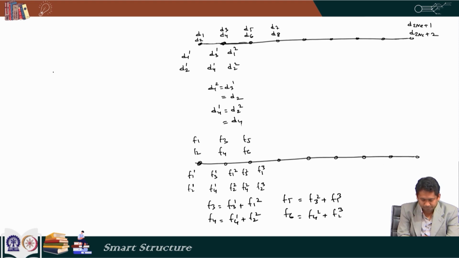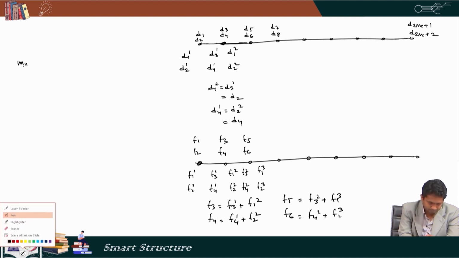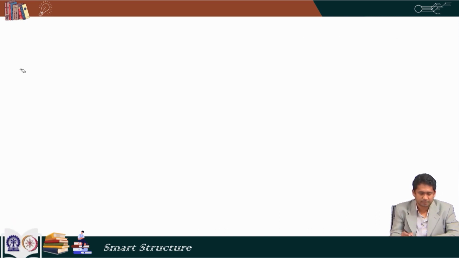If I look into the first elemental equation we have M11 of 1 multiplied by D1 double dot.